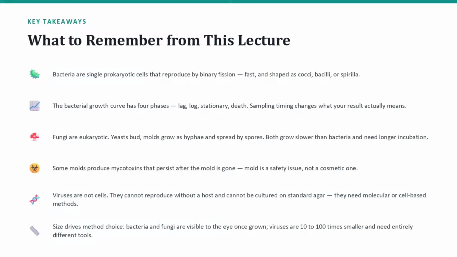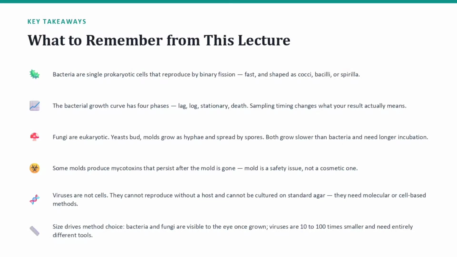Number 3. Fungi are eukaryotic. Yeasts bud, molds grow as hyphae and spread by spores. Both grow slower than bacteria and need longer incubation. Number 4. Some molds produce mycotoxins that persist after the mold itself is gone. Mold is a safety issue, not a cosmetic one.